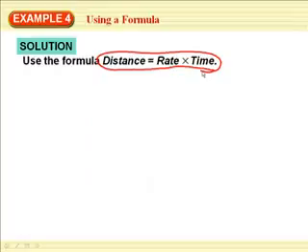And I always relate that to driving in my car. You know, if you're driving to Sterling and the speed limit is 65 miles per hour, that's your rate. You're traveling at a rate of 65 miles per hour for a half an hour or however long it takes. But let's not even say it's Sterling. Let's just say you get in your car and you travel at a rate of 65 miles per hour for 1 hour.